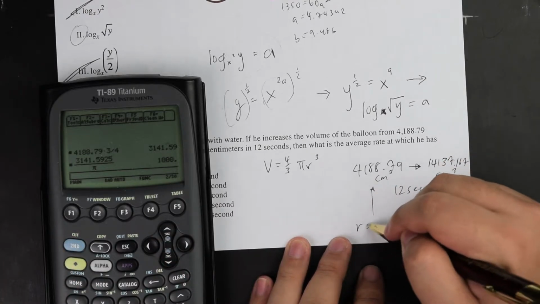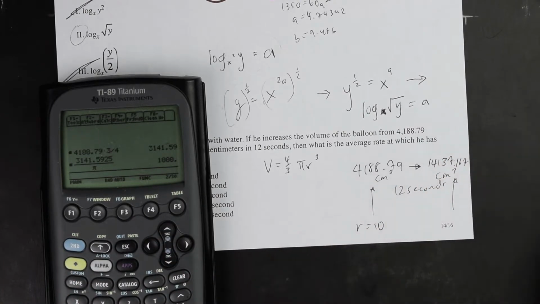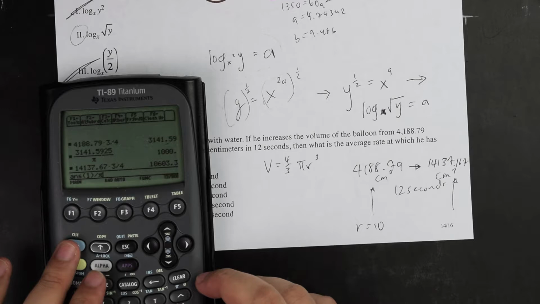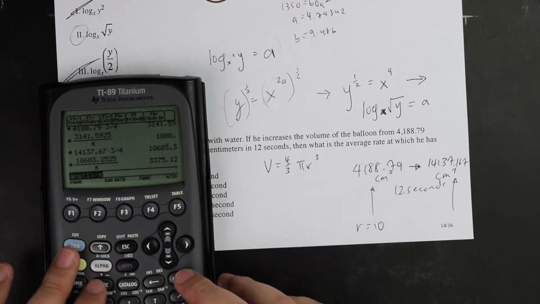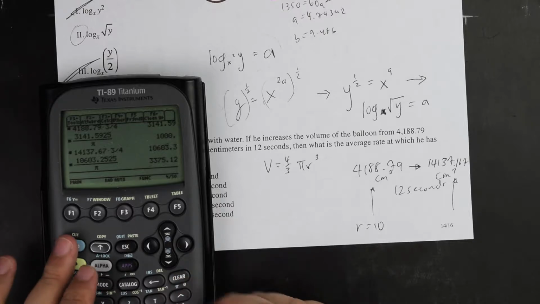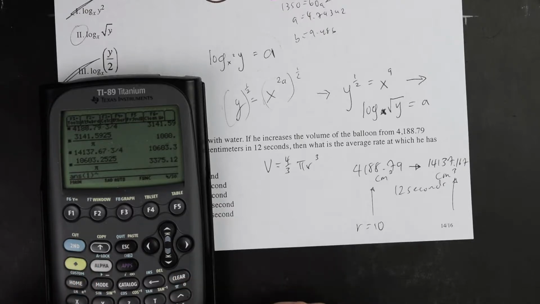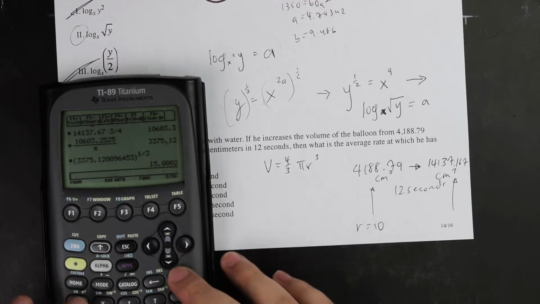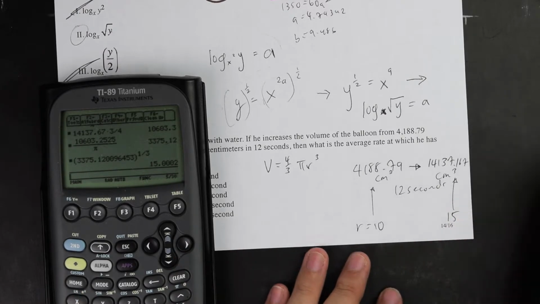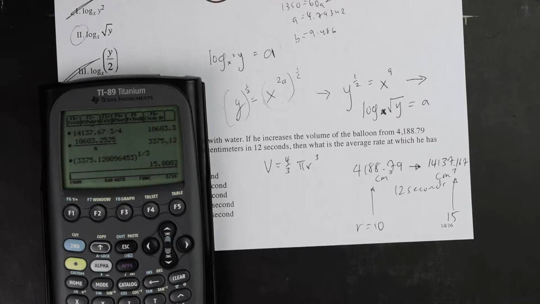This R is going to be something around 15. Okay.